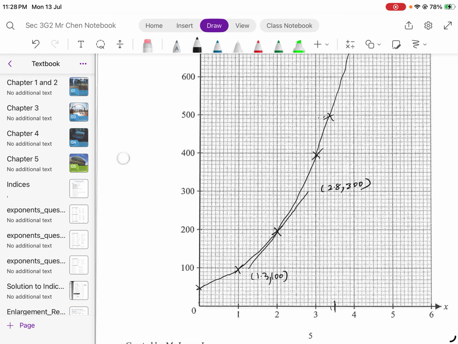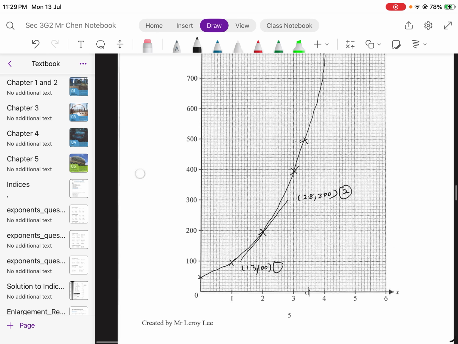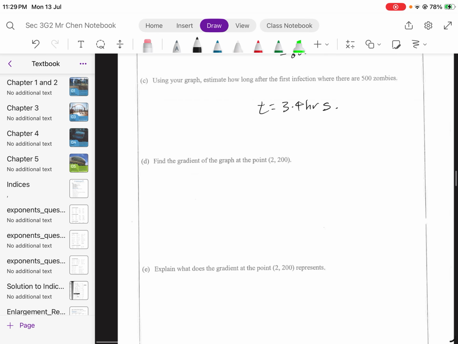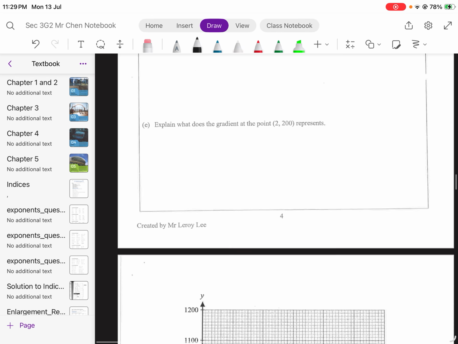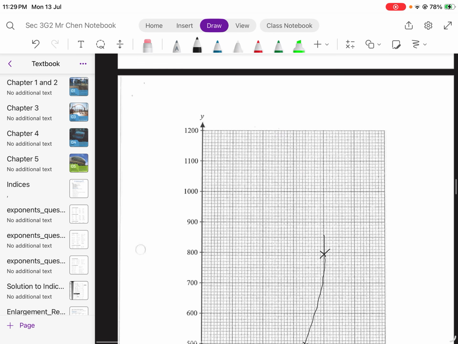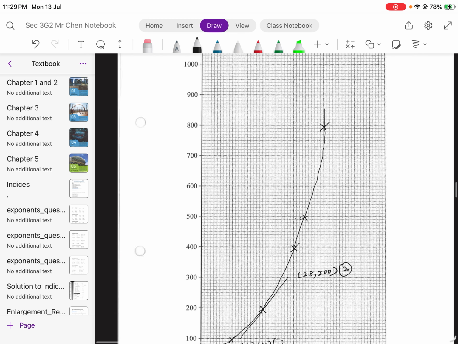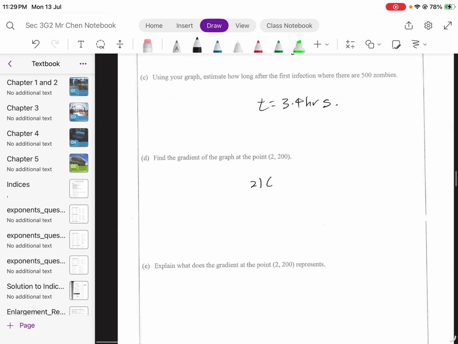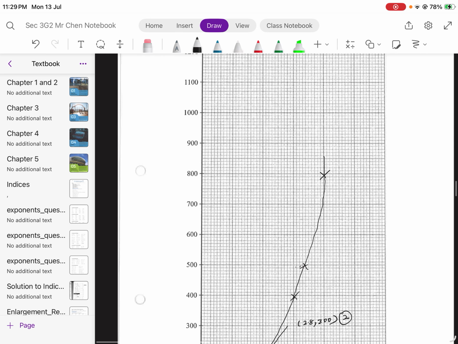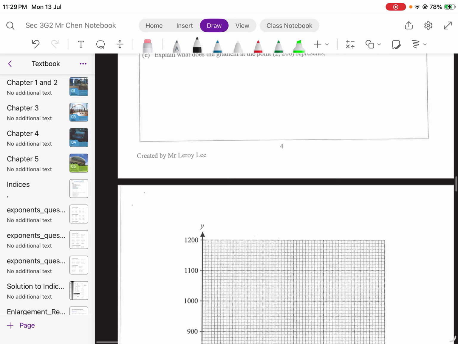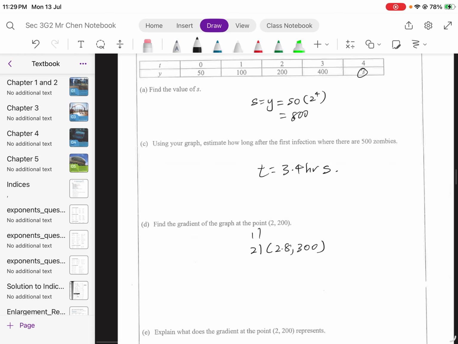So I have this as 0.2, 0.1. Again, the method: 0.2 is 2.8, 300. And 0.1 is 1.3, 100.